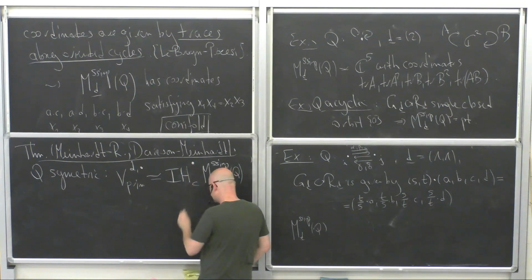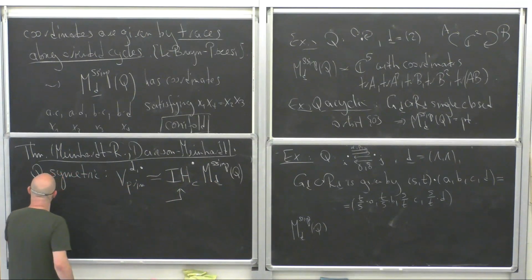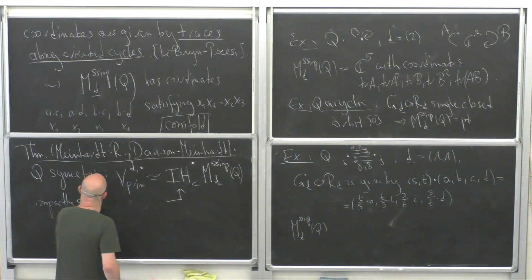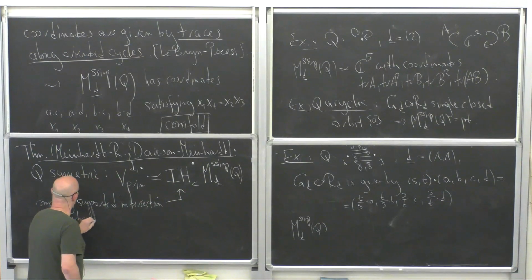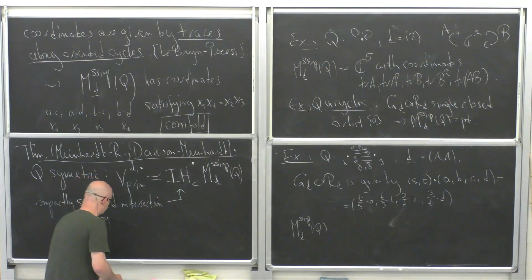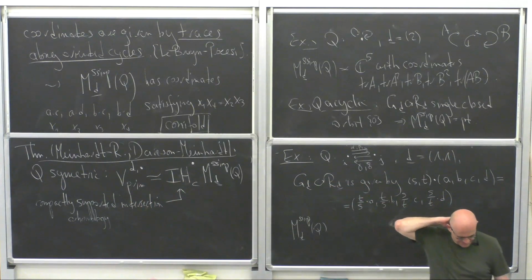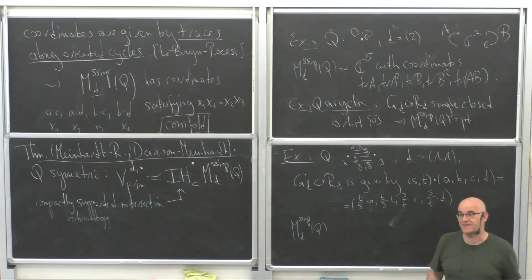IH with index c. So let me write down what this means. This is compactly supported intersection cohomology. Intersection cohomology was invented around 1980 by Goresky and MacPherson, precisely as a cohomology theory which is still good for singular spaces.